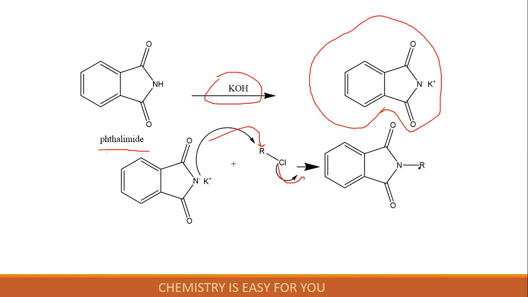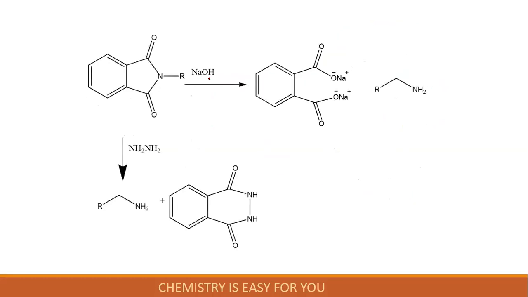So here, if it is CH3, it will be methyl phthalimide, or if it is CH2CH3, then it will be ethyl phthalimide, and so on. So first we have phthalimide with KOH, and we get potassium phthalimide. The N minus takes an alkyl group from the alkyl halide, the halogen leaves, and we get the alkyl phthalimide.